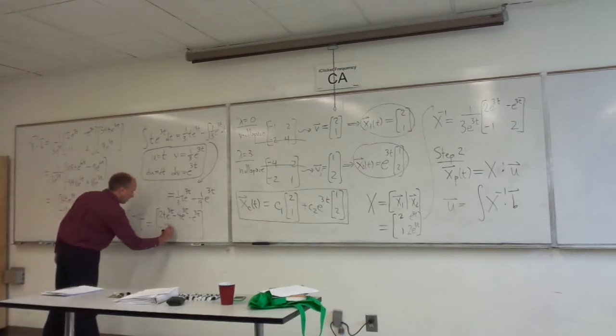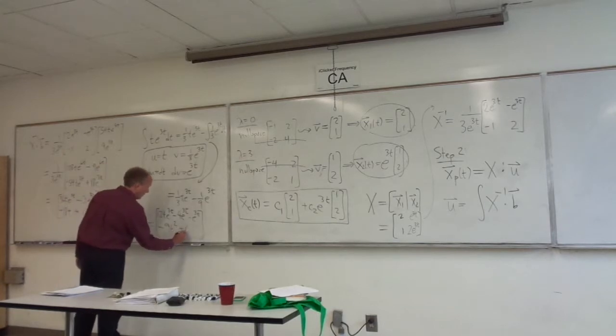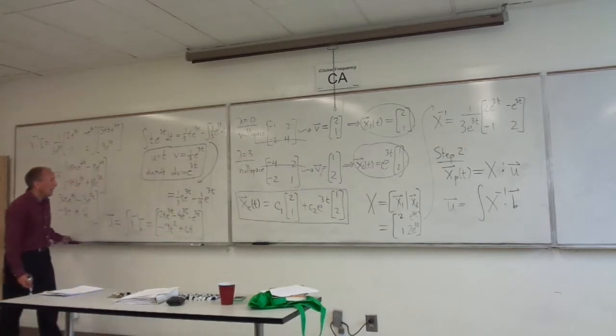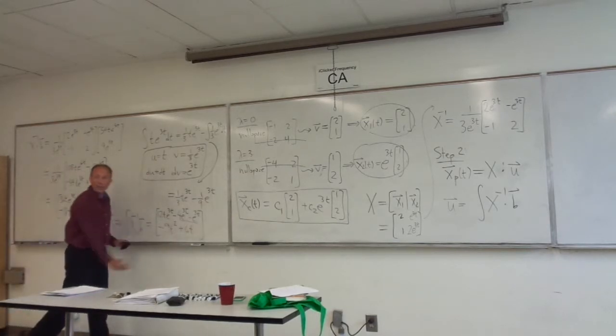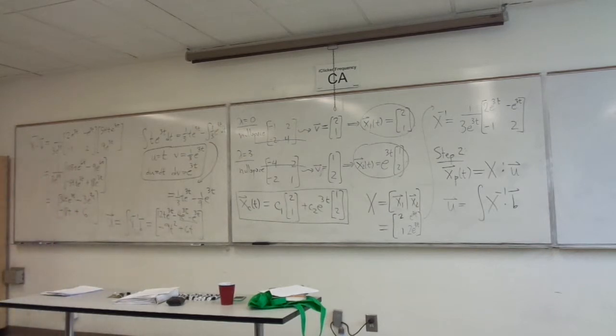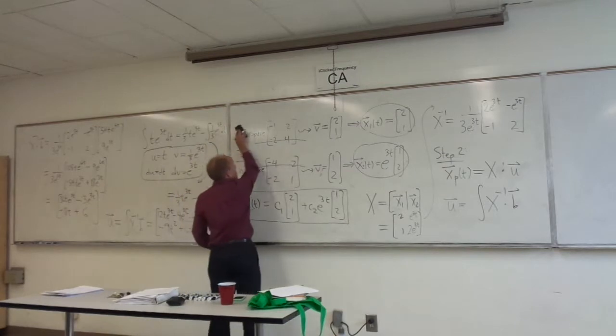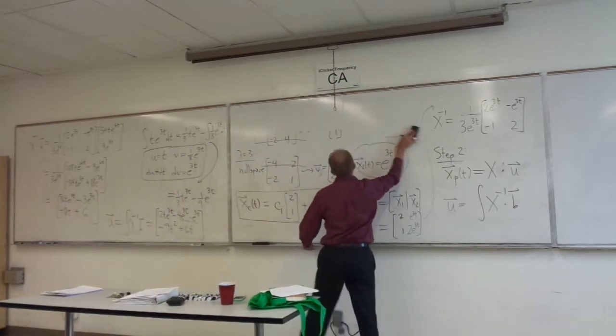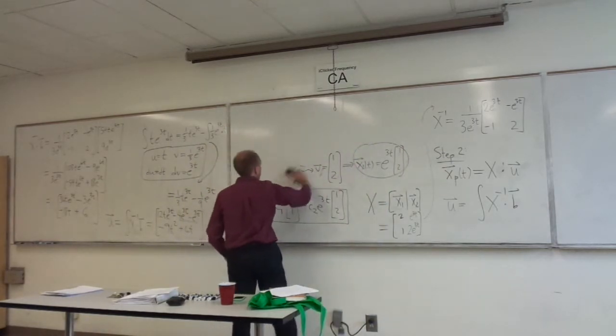Minus 9t squared plus 6t. Very good. This can be simplified slightly right here. I can put those two together. Other than that, we pretty much have what u is. So now let's try and write down the particular solution.